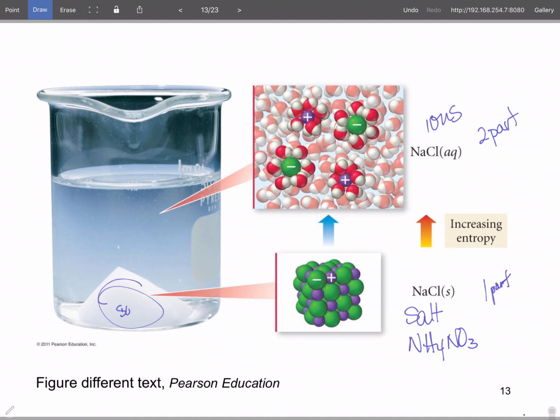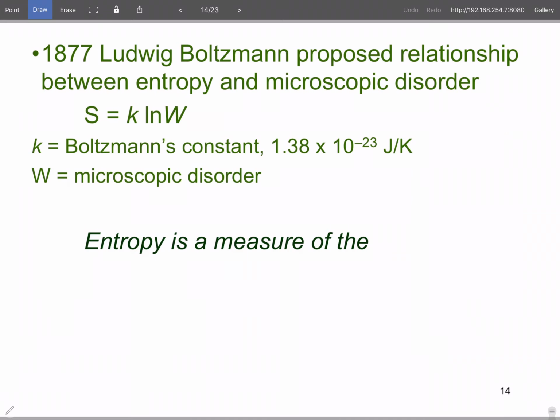This is the solid, whereas the ions are all over. They're free range, all over the solution. Okay, so what's got more disorder? All over the solution.